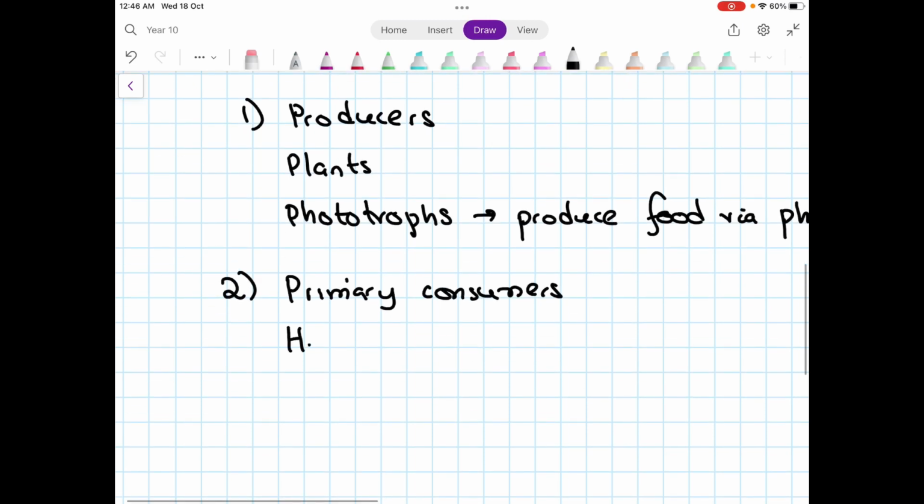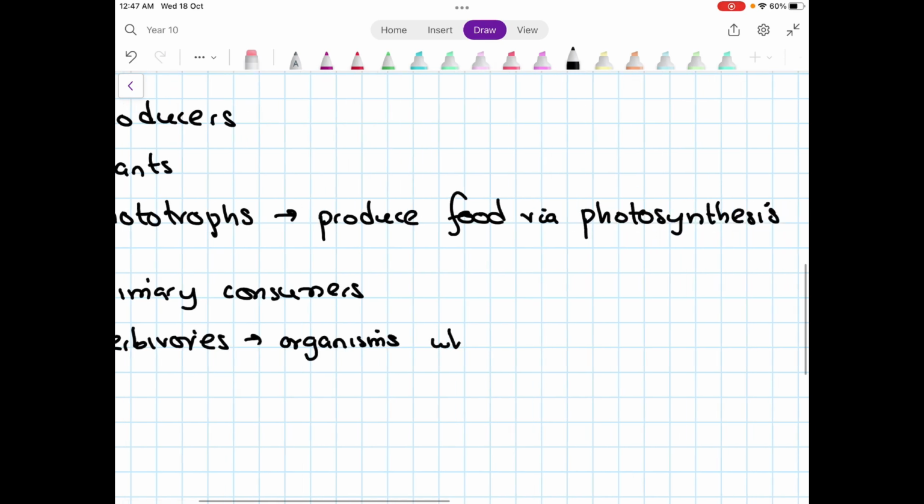Next, you have your primary consumers, which are usually herbivores or organisms which only consume plants.